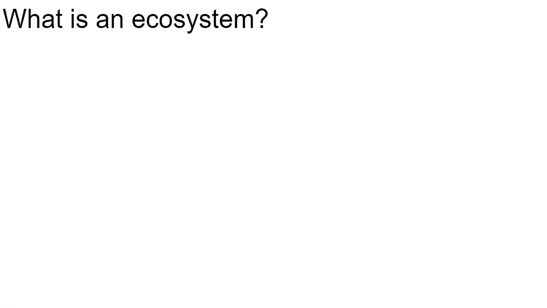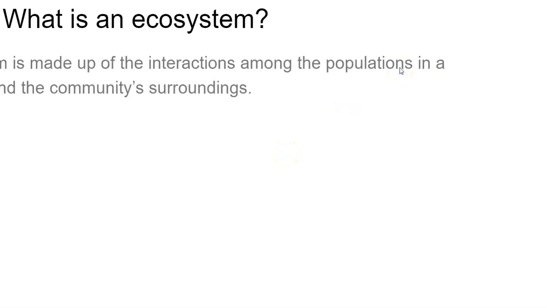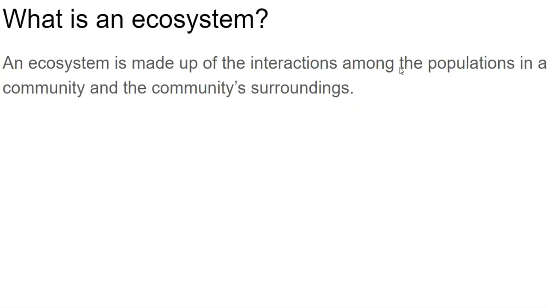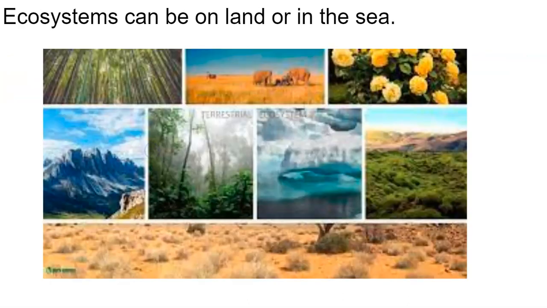What is an ecosystem? Well, we just saw that it's one level up from communities, so it's communities of species interacting with each other and also interacting with the environment. The ecosystem is made up of the interactions among the populations in a community and the community's surroundings. So yeah, it just sounds about like the definition of ecology to begin with. Alright, ecosystems can be on land or in the sea, and as I mentioned, there are many.